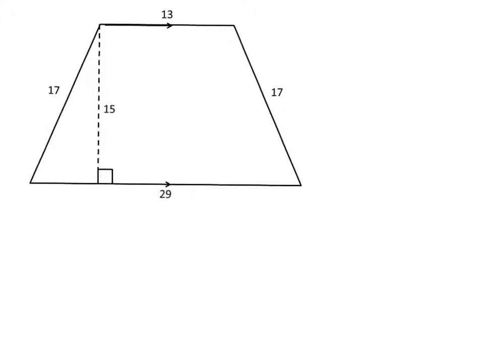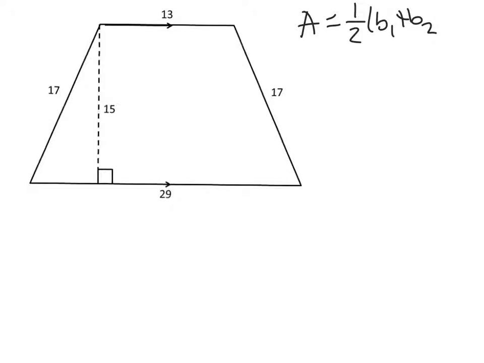We need to talk about how to find the area of a trapezoid. Now, a trapezoid is another quadrilateral that has a special formula. This is probably the most challenging to memorize, but once you get a hang of it, it's really not too bad. So the area of a trapezoid is 1/2 times the sum of base 1 and base 2.